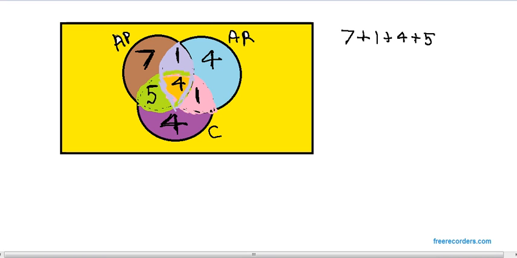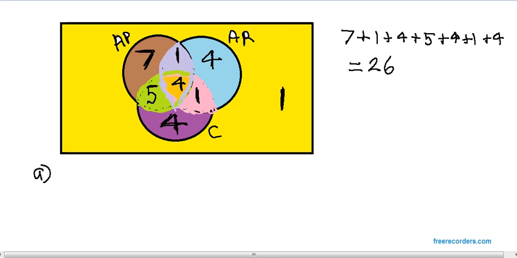Now across the middle, plus 5 plus 4 plus 1, and then at the bottom another 4. Let's add this all up. We get a total of 26, and since it said there were 27 students altogether, that means that I need 1 on the outside.